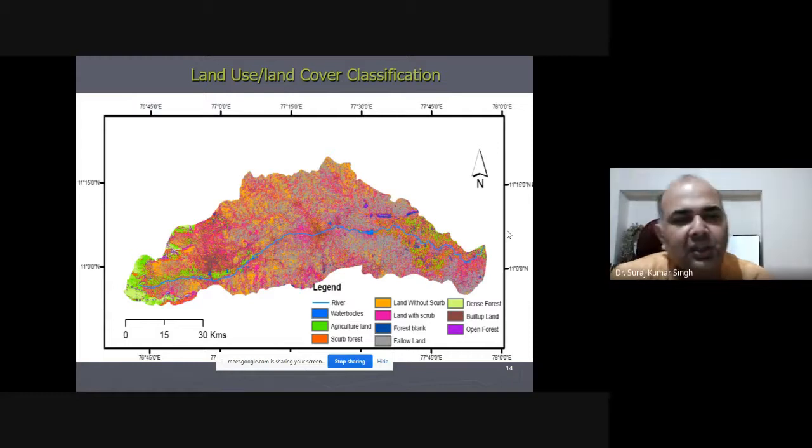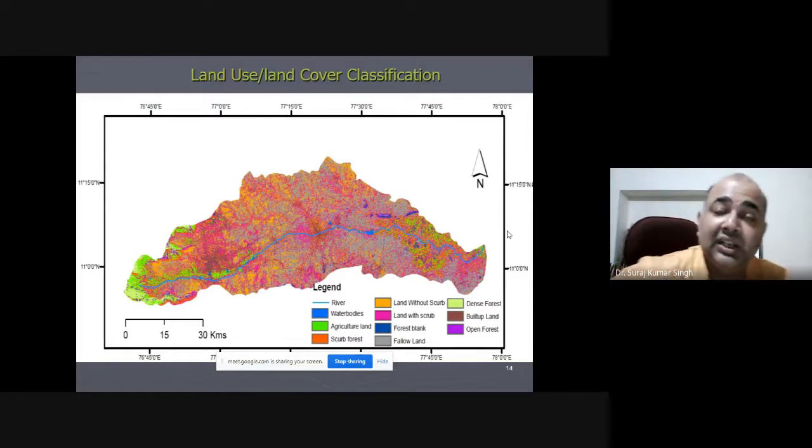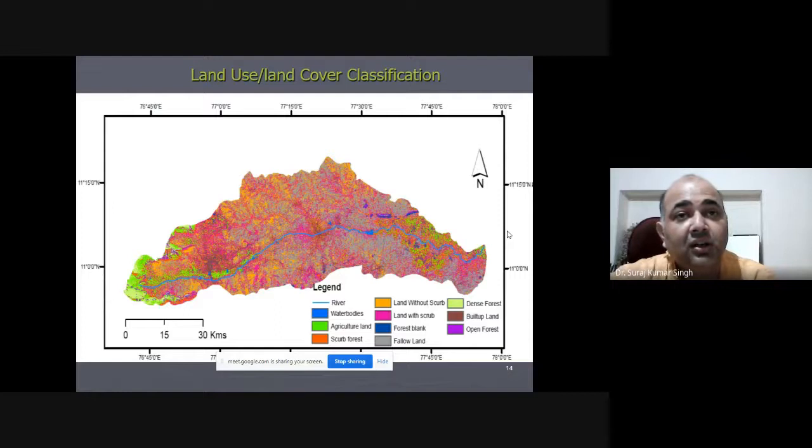So it all depends on satellite imaging. That's why it's very important to use satellite images for various kinds of geological investigation, not only for hydrogeology, but also for climatology, urban dynamics, and forest dynamics.